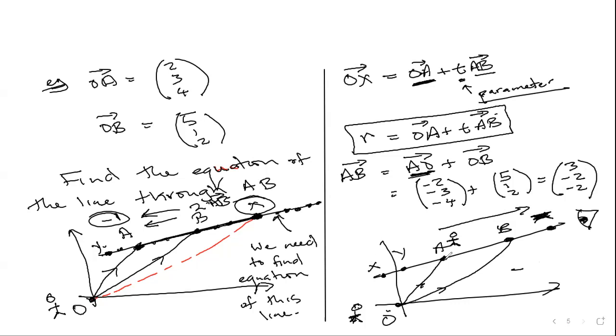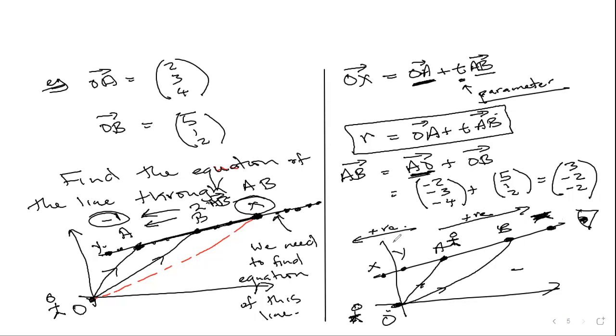So what I'm getting at is that for any point X on the line, I'm at O and I need to get to X. I have to travel to A and travel some distance along the line, either in the positive direction or in the negative direction, to reach that arbitrary point X.